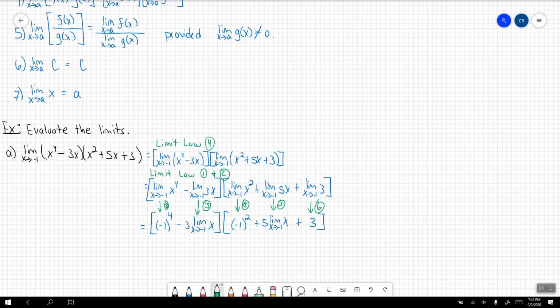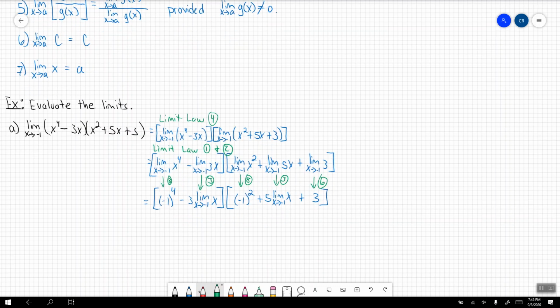There we go. So that's really great now, because now all I need to do is evaluate just two more limits. So the first coefficient, or the first constant here, -1 to the power of 4, it's just 1, minus 3 times this limit, and this is going to be a direct substitution limit now, which is limit law number 7. So I evaluate here, and I used property number 7. All right, and then I simplify the first term in the second set of parentheses. That's going to be a 1.